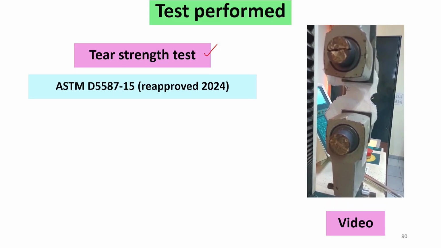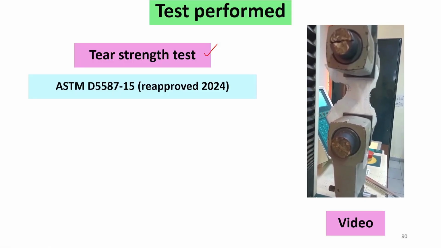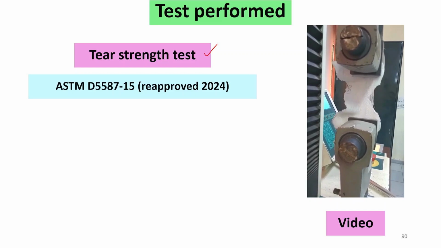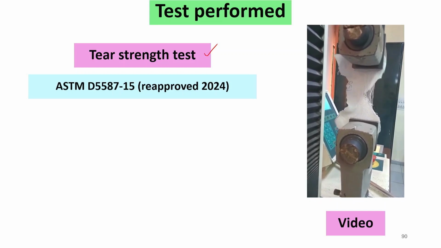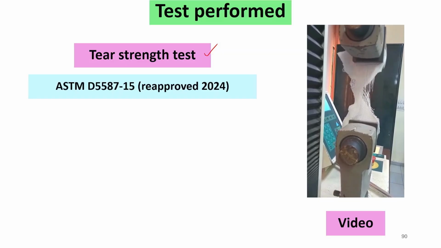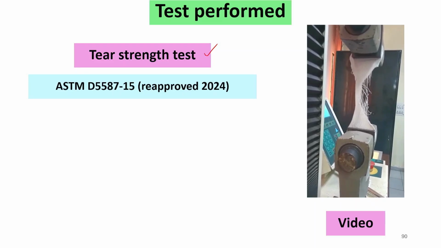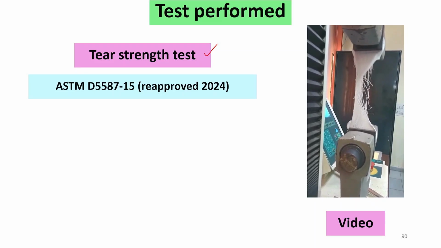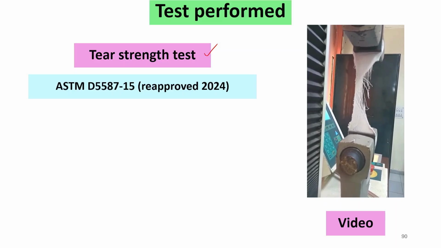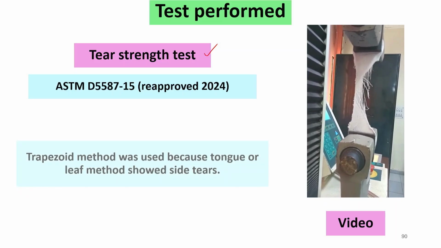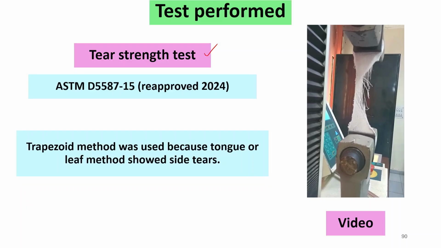This is the tear strength testing; trapezoidal tear strength testing is carried out. Now, the fabric is damaged here. The trapezoidal method was used because the tongue or leaf method showed slight tear, that is, yarn slippage was there.